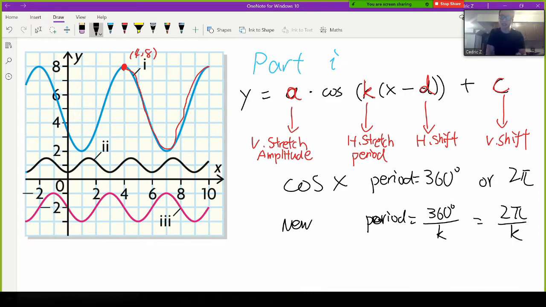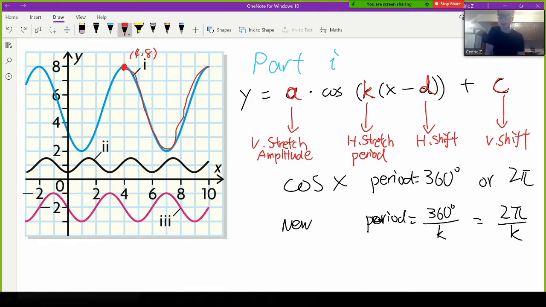So let's take a look at this blue curve. What is its periodicity? A period is defined, I like to use this definition of peak to peak. And we see it went from 4 to 10, so there's a period of 6. Or you can define it as from trough to trough, and that distance is also 6 in terms of x. Remember, your period is determined by the x distance.